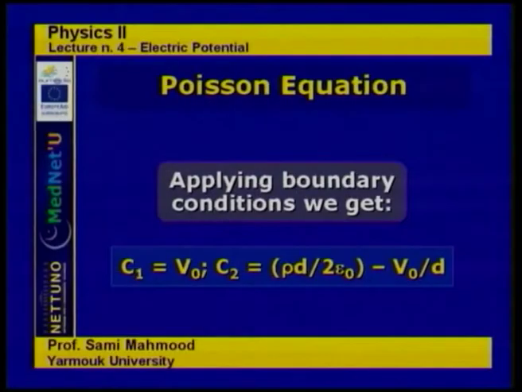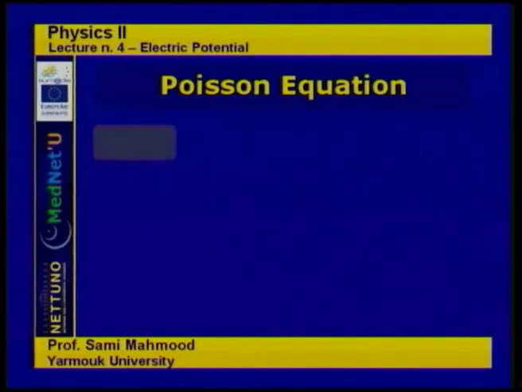The boundary conditions would give c1 is equal to V naught, and c2 is equal to rho d over 2 epsilon naught minus V naught over d. This is a result of the application of the boundary conditions.